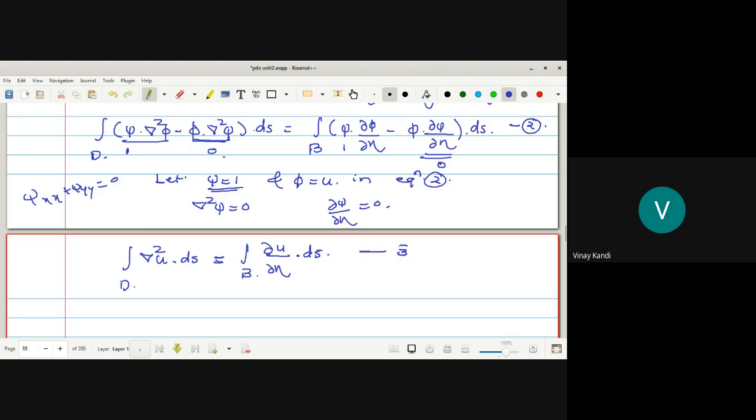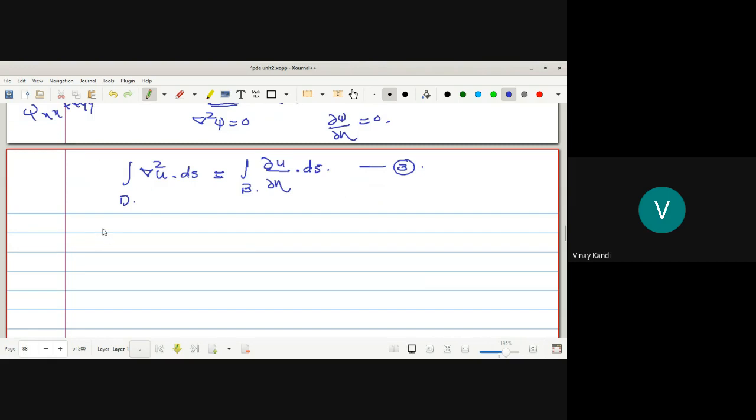So using equation 1 in equation 3, we get the value of this one. If u of x, y is the solution of the Neumann problem, it satisfies the Laplace equation inside the region D, so this is 0. The value of this is 0, equal to integration on B. What is ∂u/∂η?